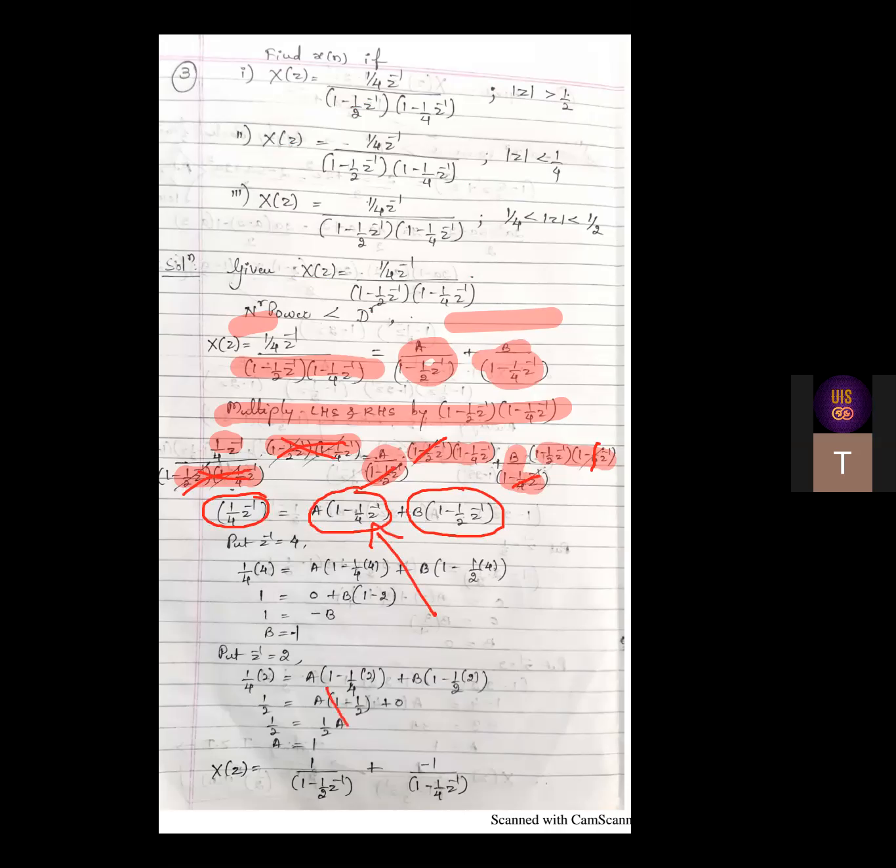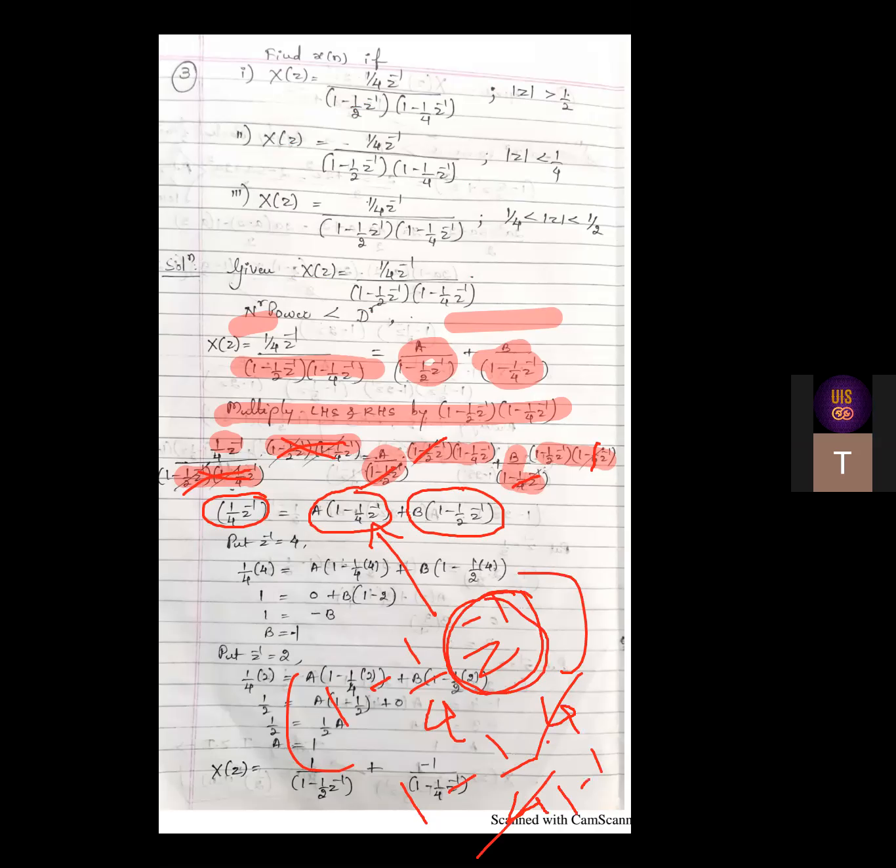A has the bracket 1 minus 1 by 4 z inverse. What should be the value of z inverse to make A 0? If I put z inverse as 4, these two get cancelled, and you will get 1 minus 1, which is 0. So substitute z inverse as 4.